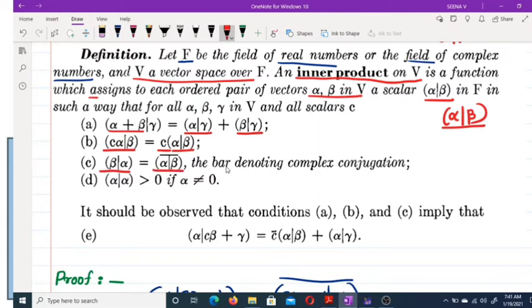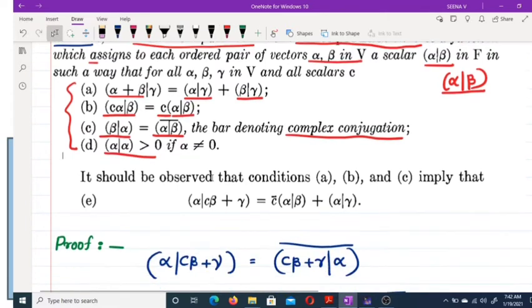And the last condition, inner product of alpha and alpha is greater than 0 if alpha is not equal to 0. If a function satisfies these conditions, then we call it an inner product.